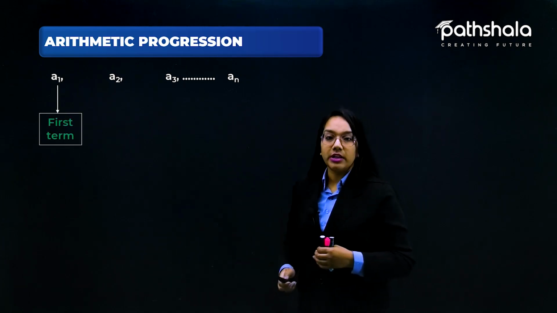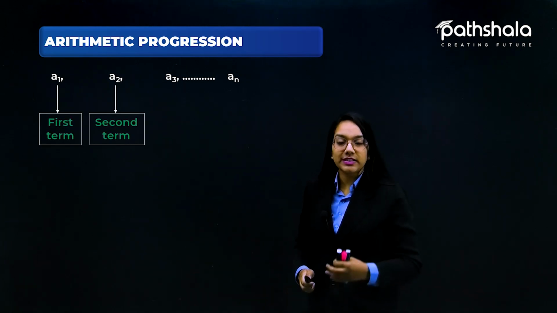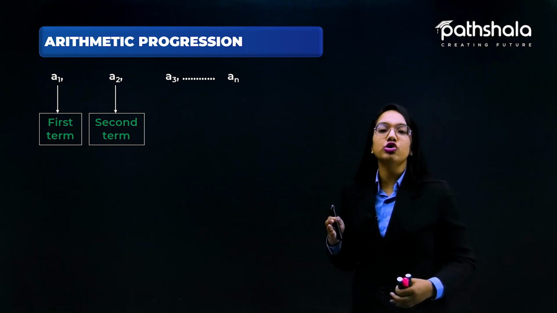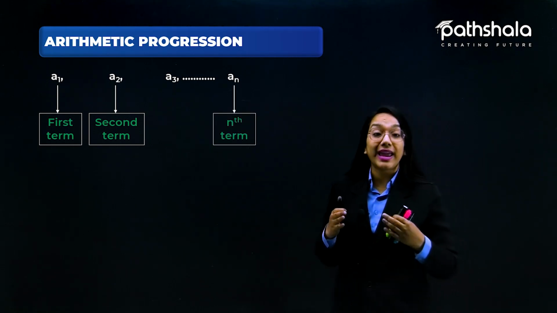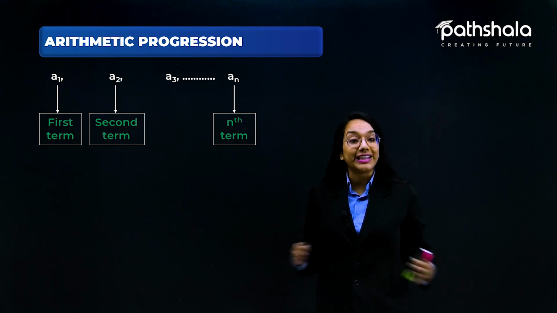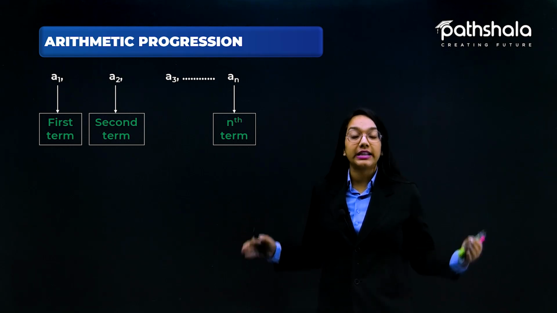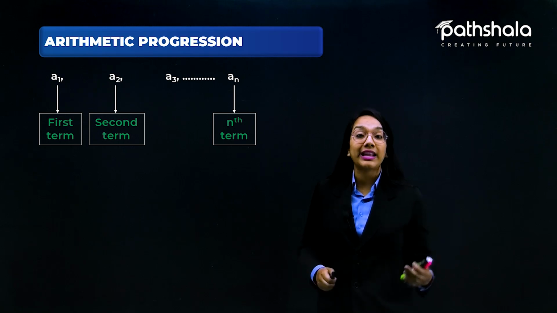This is my first term, this is my second term, and so on, and this is my nth term. This could be any term, that's why I'm considering it the nth term.